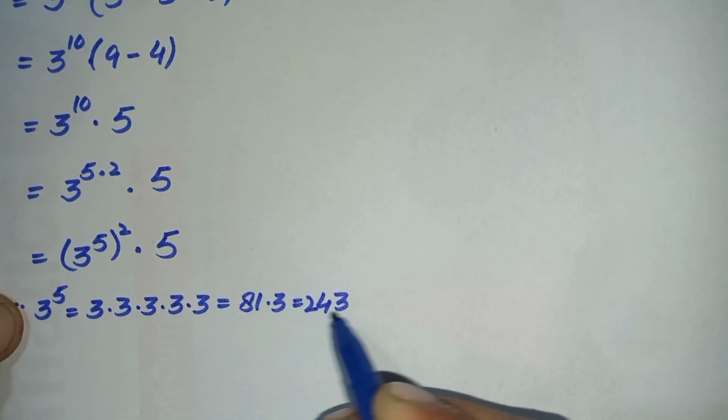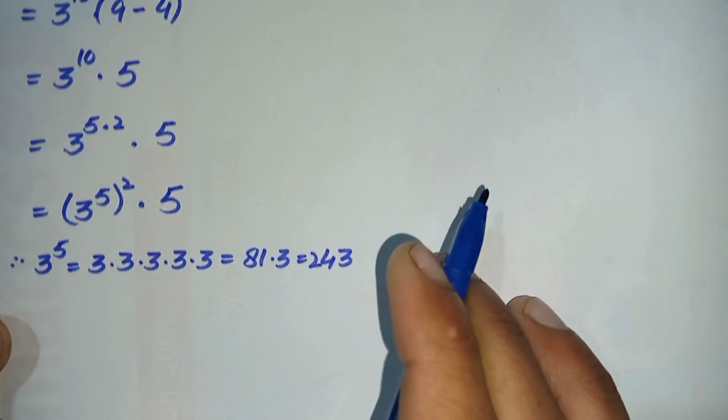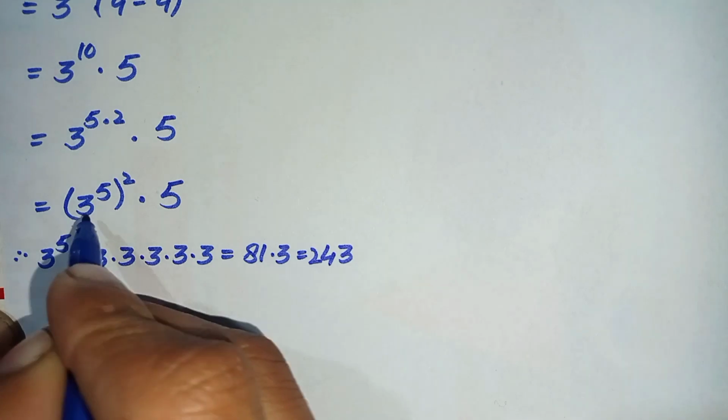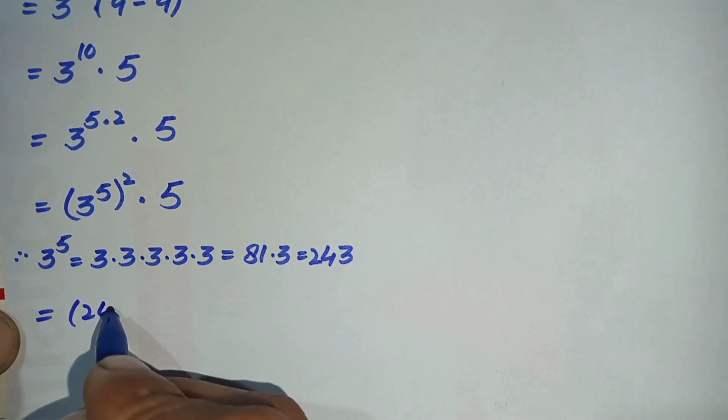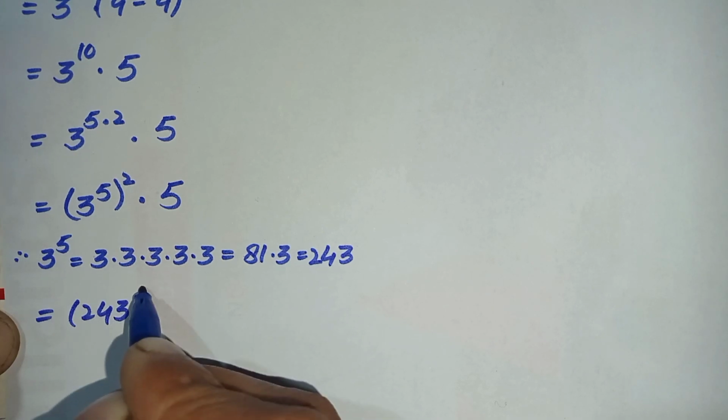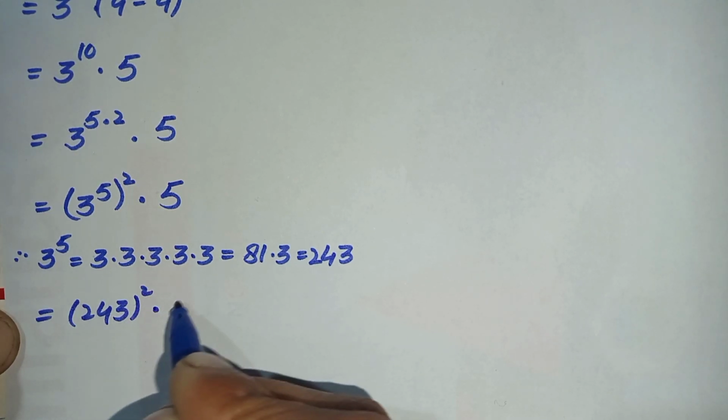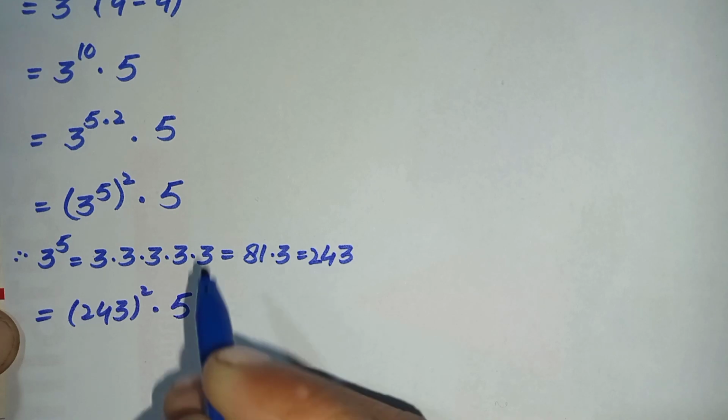So 3 raised to power 5 is equal to 243. So let's replace its value in this equation. So it will become 243 whole square times 5.